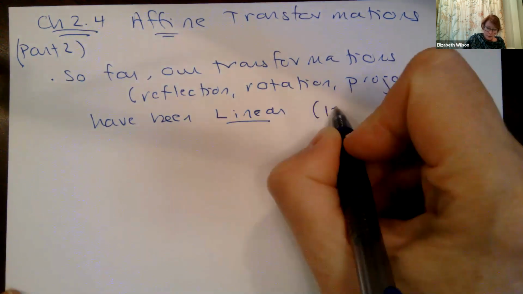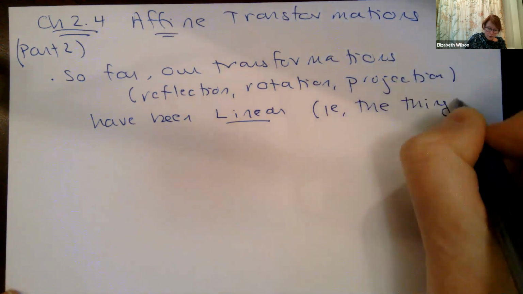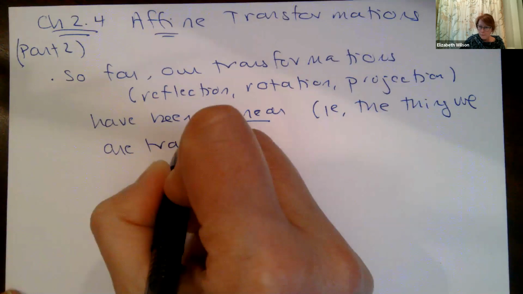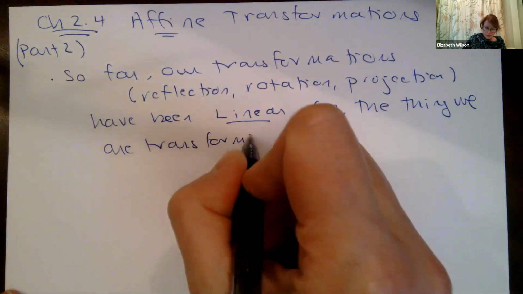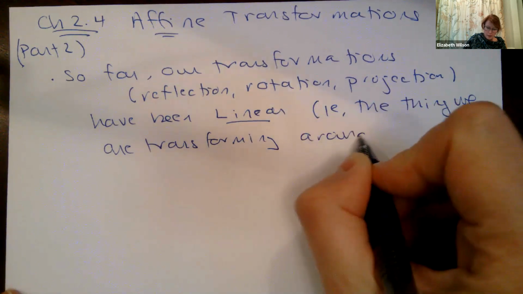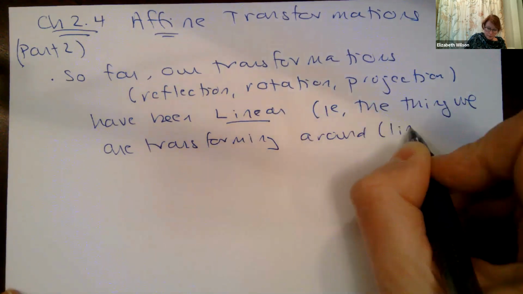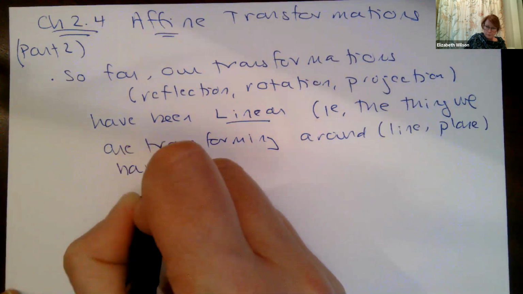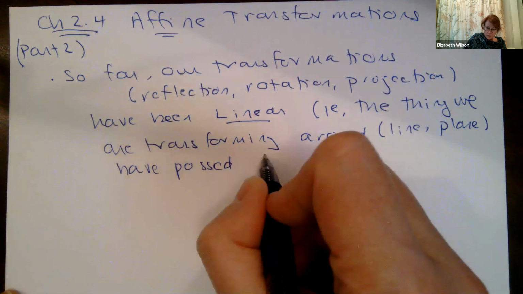The thing we are transforming around, like our lines and our planes, things like that, have passed through the origin, right?